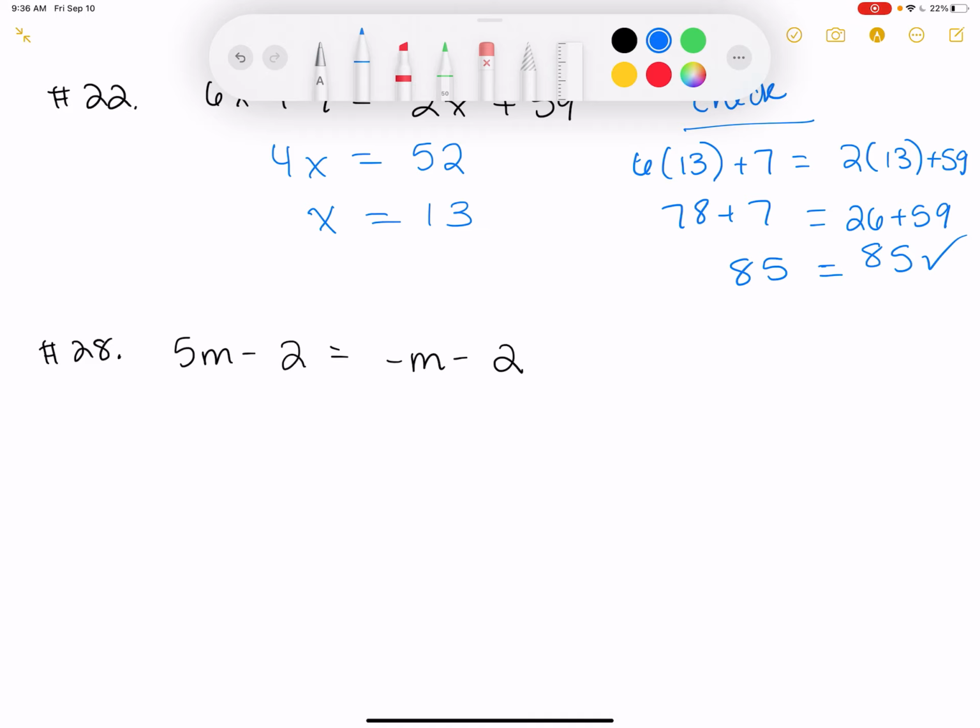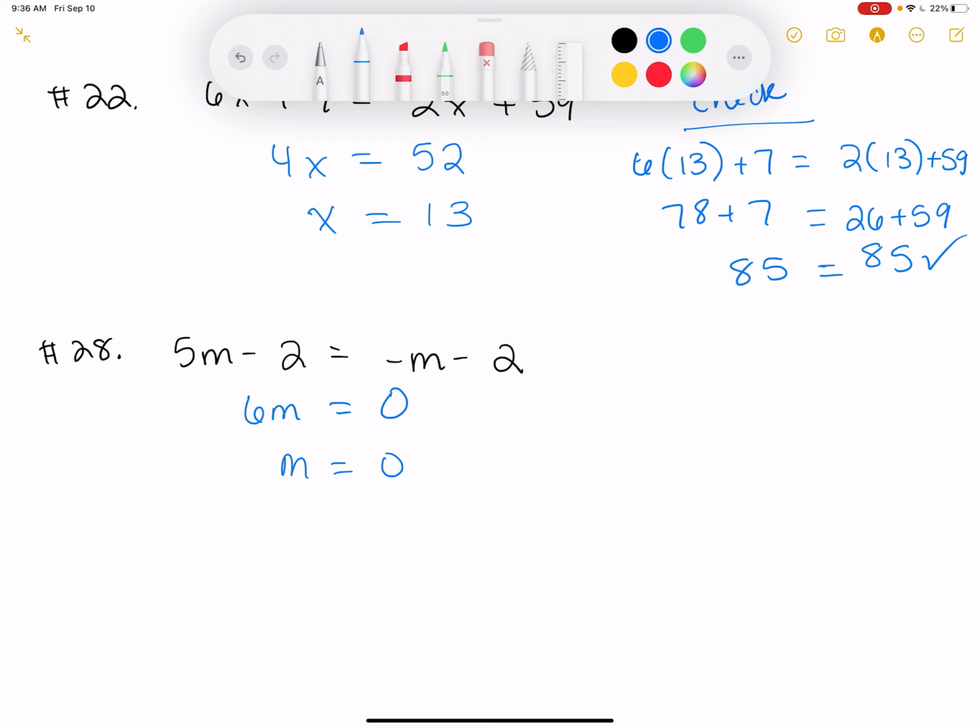You've got to move the other one over. So how do I do that? Add the m on this side, so add the m over here, so that gives me 6m, and then add the 2 on the other side. Negative 2 plus 2 is going to be 0, so m equals 0.